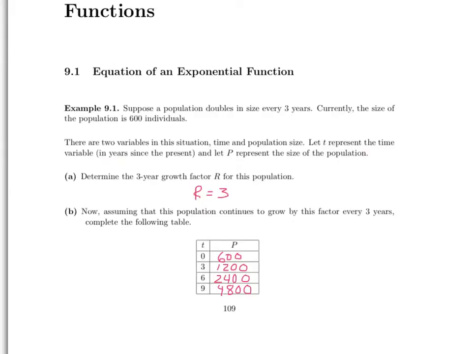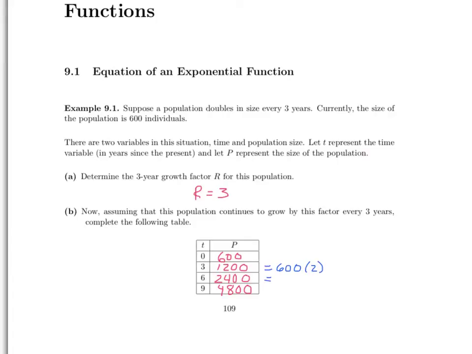Before moving on, let's take a moment and explore how we obtained these numbers. Ultimately, our goal is to produce an equation that will relate the variables t and p. So let's see if we can come up with a pattern for how these numbers were created. The 1,200, we calculated by taking 600 and multiplying that by 2.